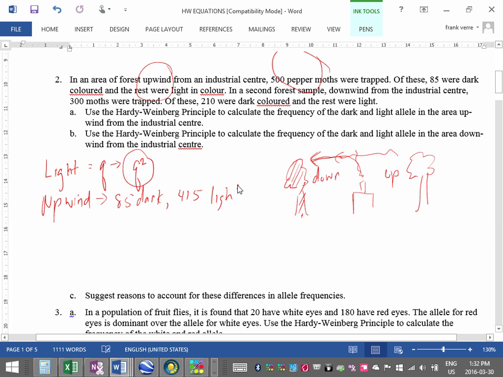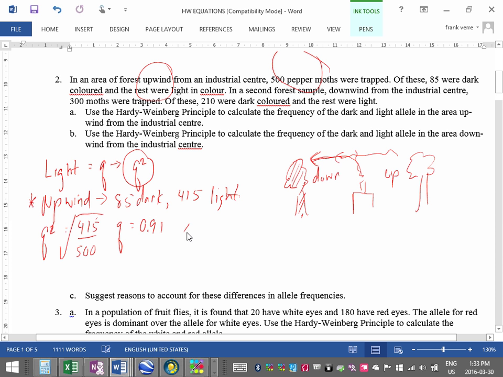Lights. And that's what we use, because we know that Q squared is the light genotype, but we can figure out what Q is. So again, we did the same thing. We figure out what Q is. So what's Q? 0.91.